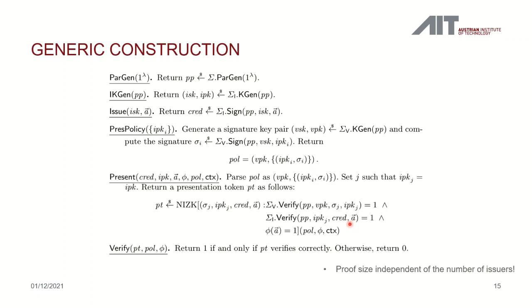Now when computing a presentation token, the user computes a zero knowledge proof that shows that the user knows a credential on the revealed attributes that has been issued by an issuer whose public key has been signed by the verifier. The verifier then simply verifies whether the presentation token verifies correctly. And with this, we overcome the efficiency bottleneck from the naive construction, and we achieve proof sizes that are independent of the number of issuers.